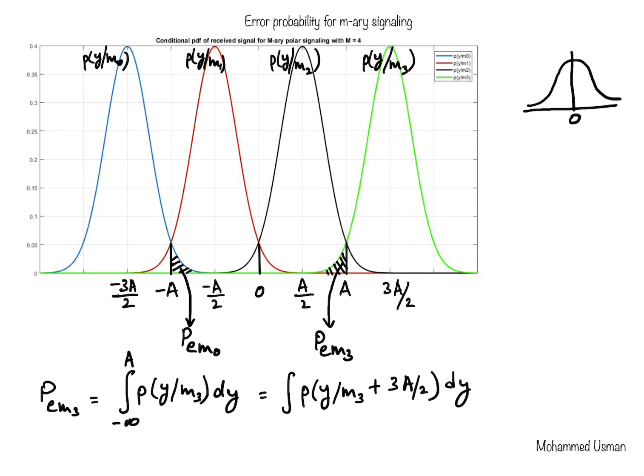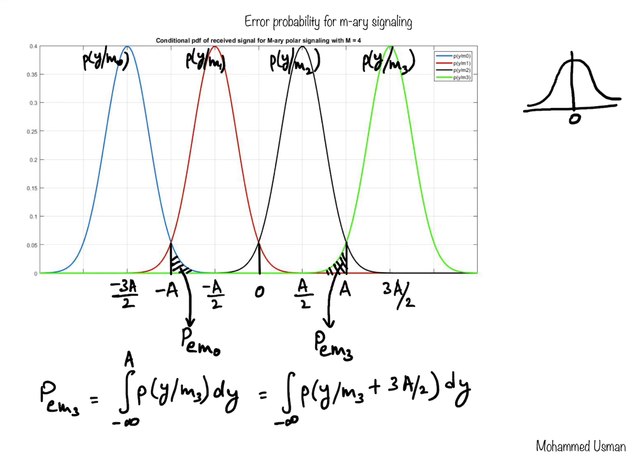The limits of integration will also get shifted by the same amount. So minus infinity, when shifted to the left, is still minus infinity, and A, which is here, when it gets shifted to the left by 3 times a by 2, that's 1a by 2, 2a by 2, 3a by 2, will come to minus a by 2.